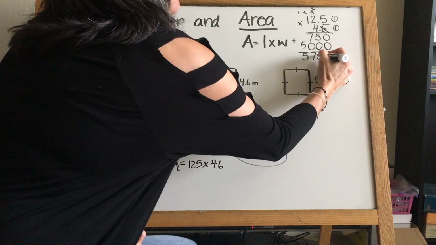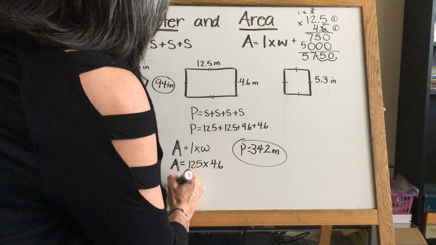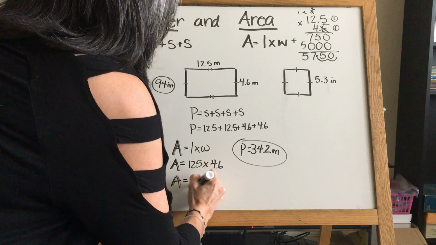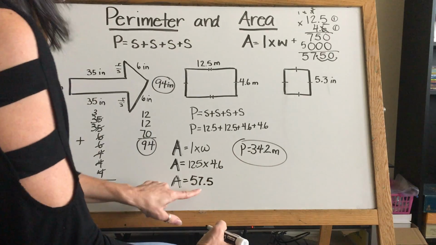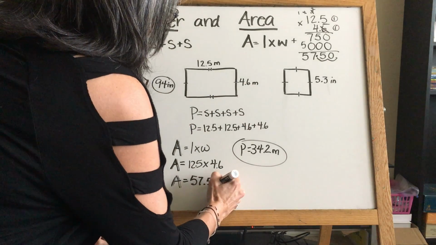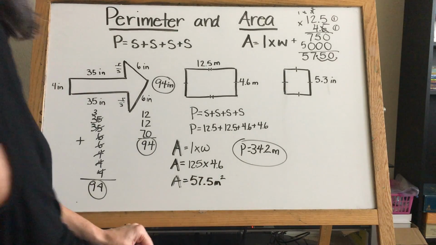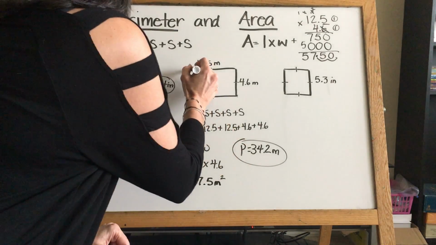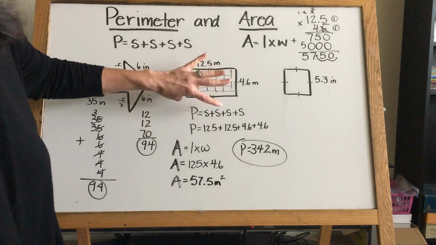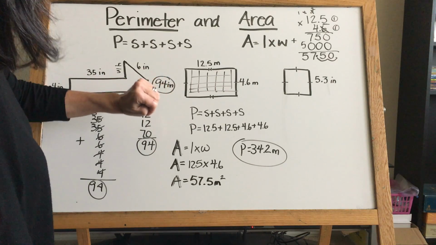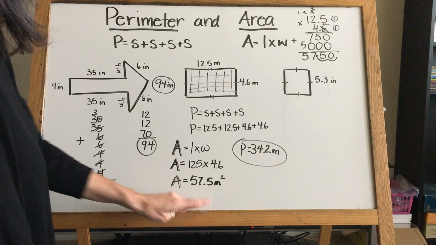I'm going to move it 2 times to the left, and that leaves me with an area of 57 and 5/10. Now, this was area. My unit of measure is still meters, but since it's area, the answer is going to be squared, okay? Because really what you did is you just found the area for this rectangle, okay? So 57 and 5/10 meters squared is my answer for my area.